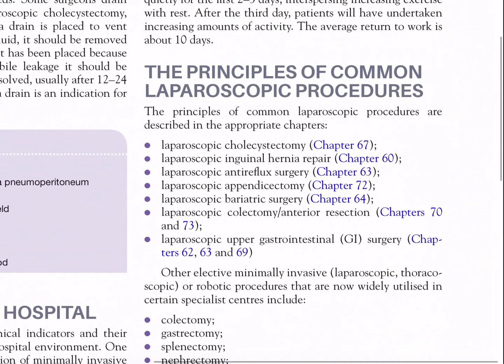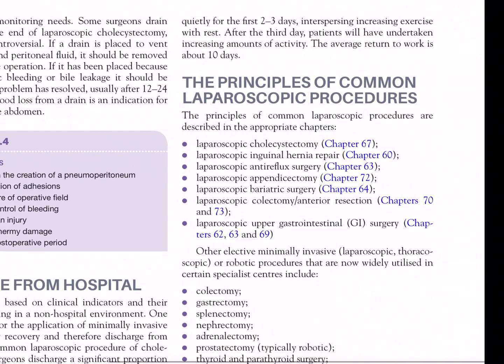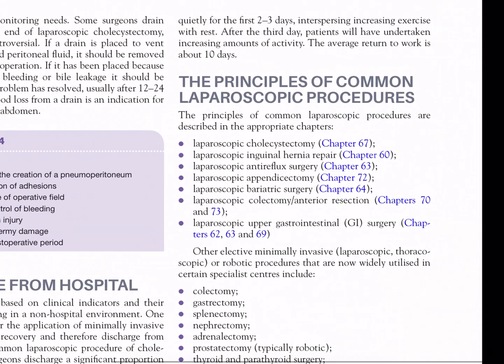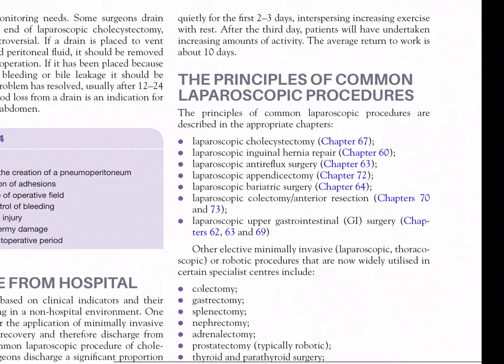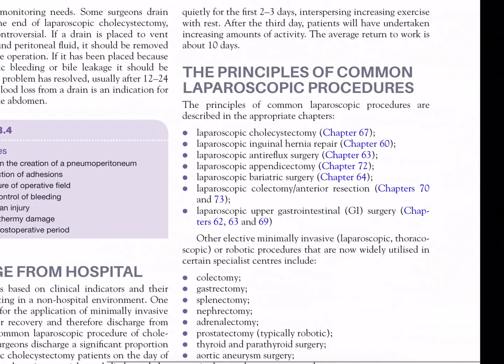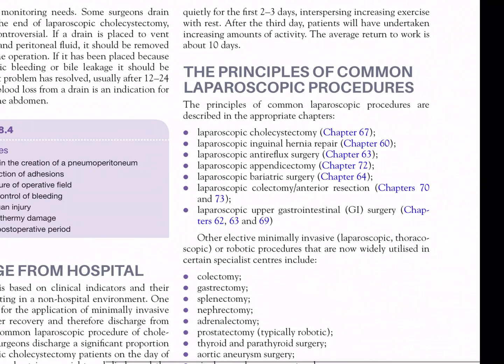The principles of common laparoscopic procedures are described in the appropriate chapters: laparoscopic cholecystectomy, laparoscopic inguinal hernia repair, laparoscopic anti-reflux surgery, laparoscopic appendicectomy, laparoscopic bariatric surgery, laparoscopic colectomy or anterior resection, laparoscopic upper gastrointestinal surgery.